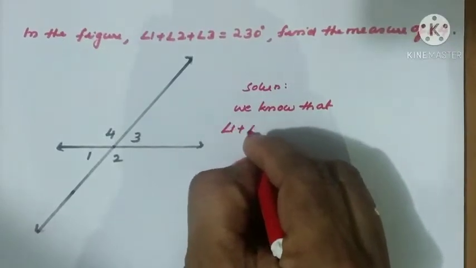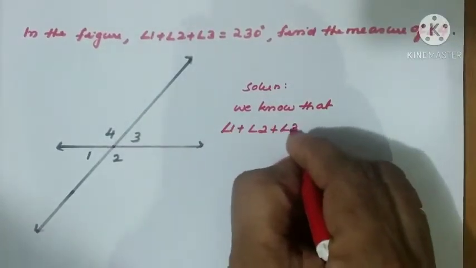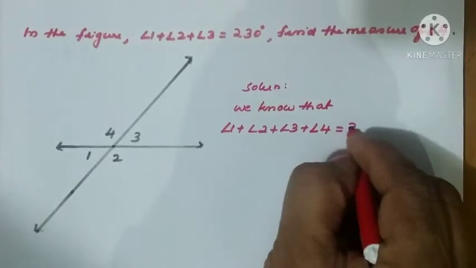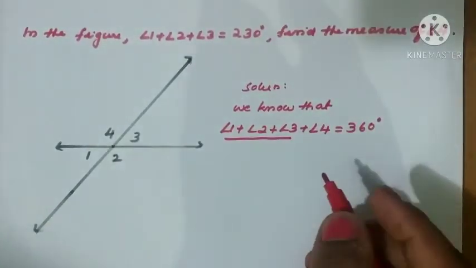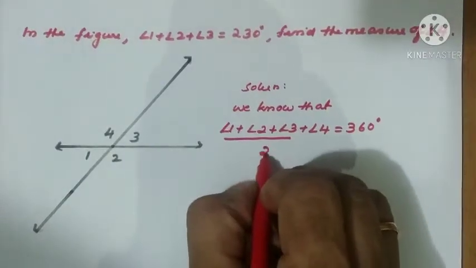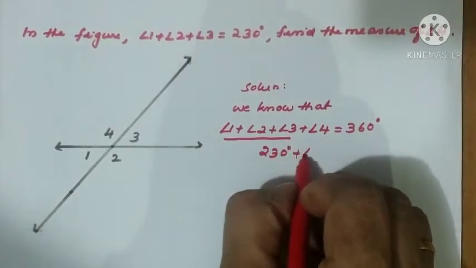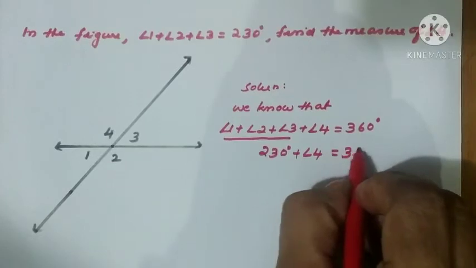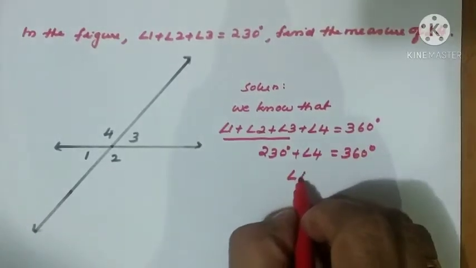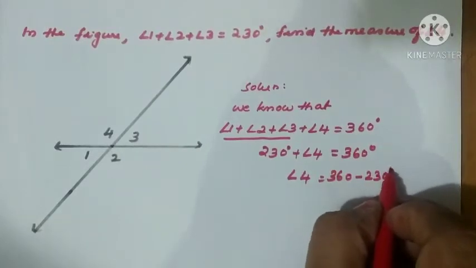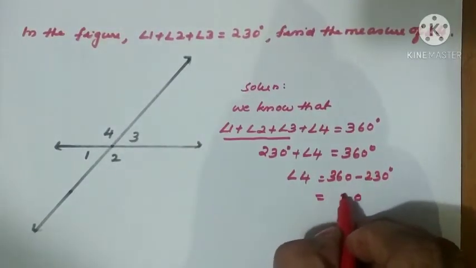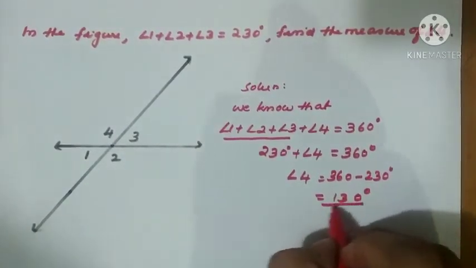So as we know, the solution, what we can write, we know that angle 1 plus angle 2 plus angle 3 plus angle 4 equal to 360 degree. 1 plus 2 plus 3, that is all 3 angles sum equal to 230. It's given in the question. So what is angle 4? 360 minus 230, so equal to 130 degree.